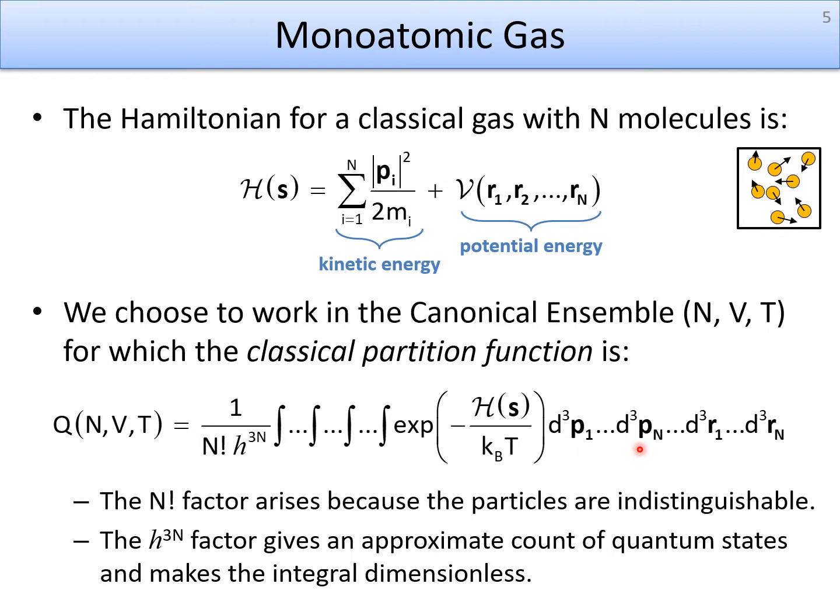You will notice that there are some dimensions here, right? Because the momentum has units of mass times velocity, and the position has units of distance, meter, in the SI. So this takes care of that and makes this integral dimensionless, as the partition function should be.